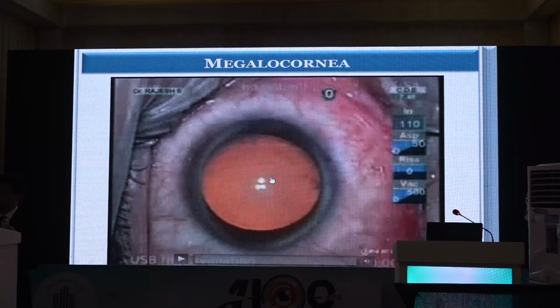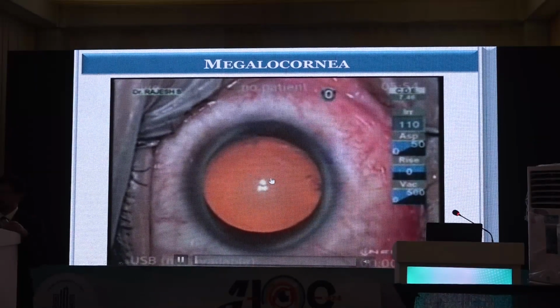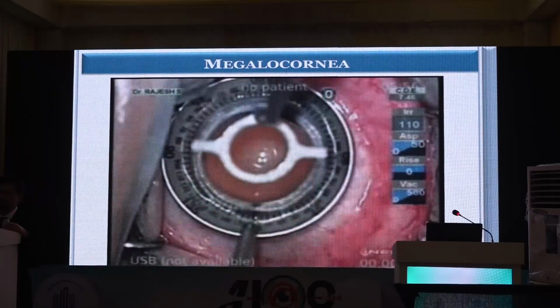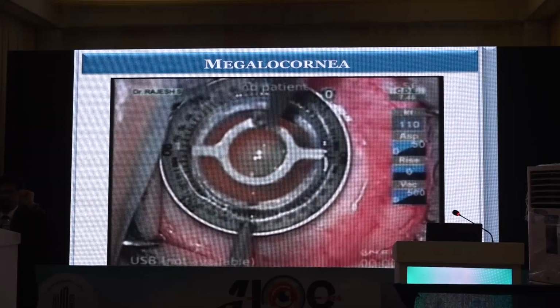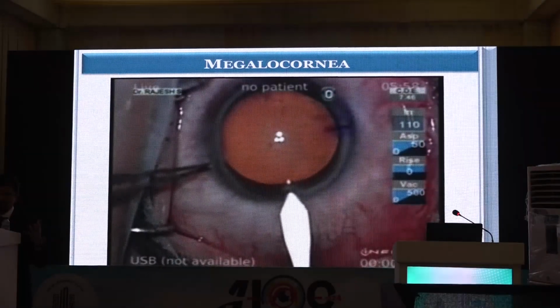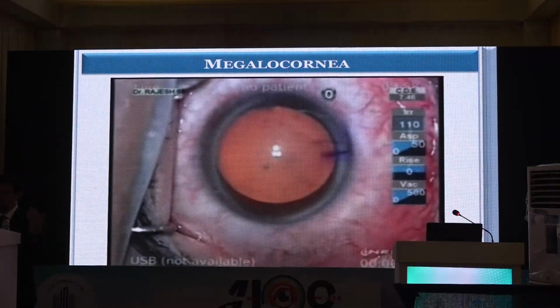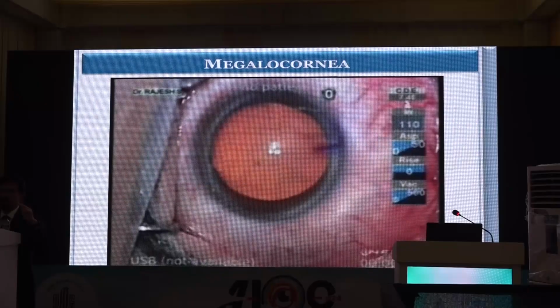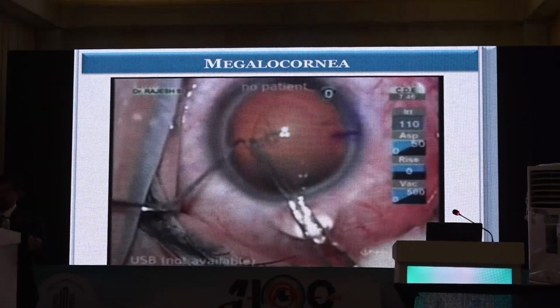Another scenario which I would like to add here is cases of megalocornea, where you have a large bag. In such a case, if you put the IOL in the bag, it will rotate. We learned this from a case referred to us, a case of megalocornea, where the IOL rotated, and the surgeon re-rotated it to the same position, and again it rotated.